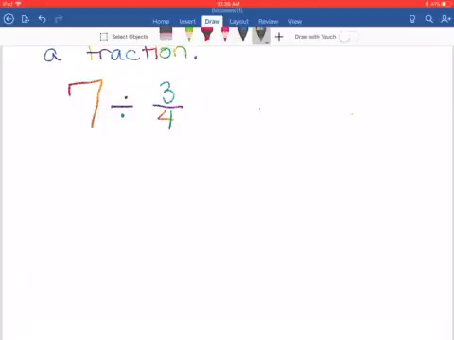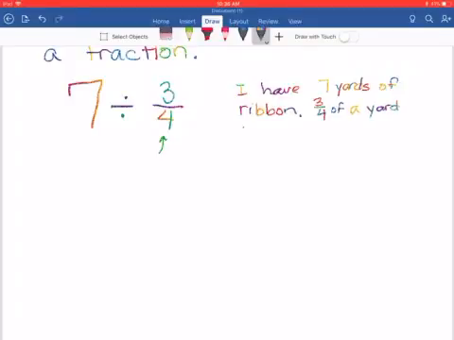This one's a little bit different, and sometimes it's easier to think of a word problem. So I'm going to say, I have 7 yards of ribbon. That one is always a good one to start with. 7 yards of ribbon. 3/4, so there we've used both of our numbers, of a yard makes 1 hair bow.